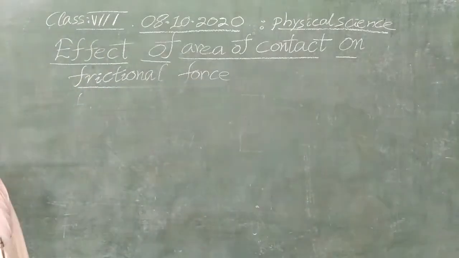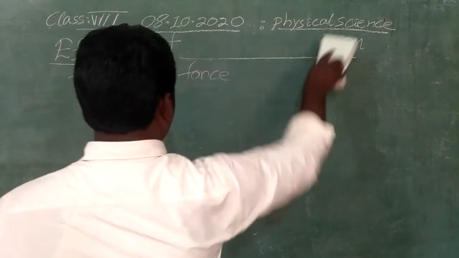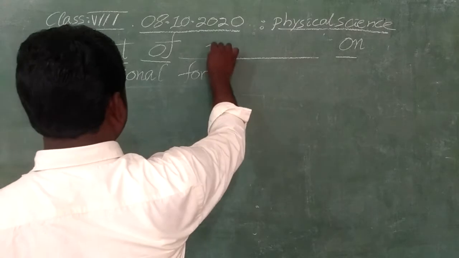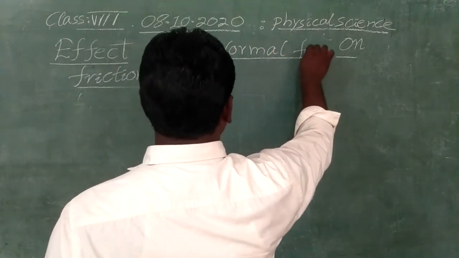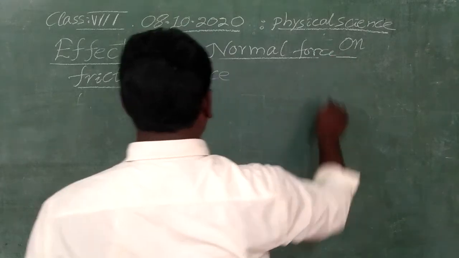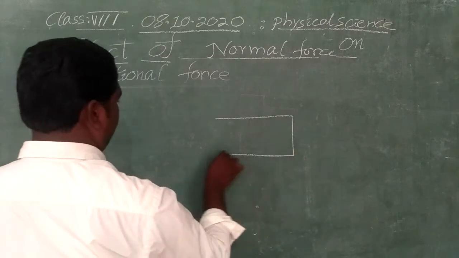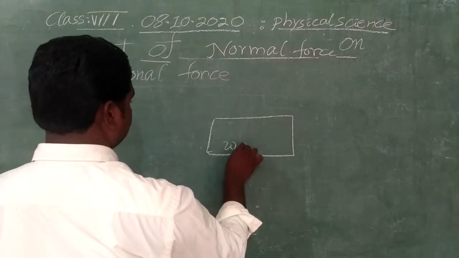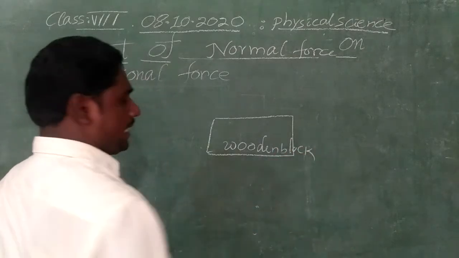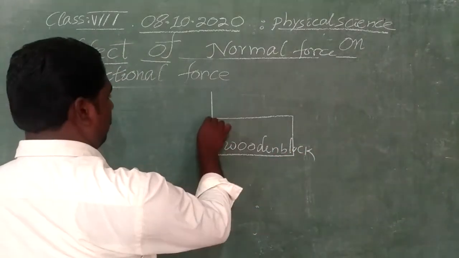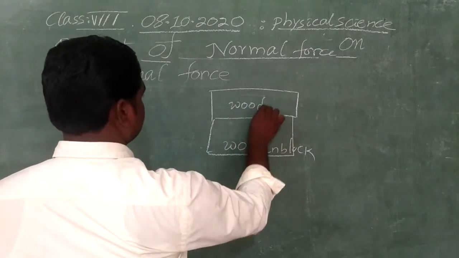Okay, next is the effect of normal force on frictional force. Now we take a wooden plank and put it on the floor. Now take another wooden plank and keep it above the first wooden plank.